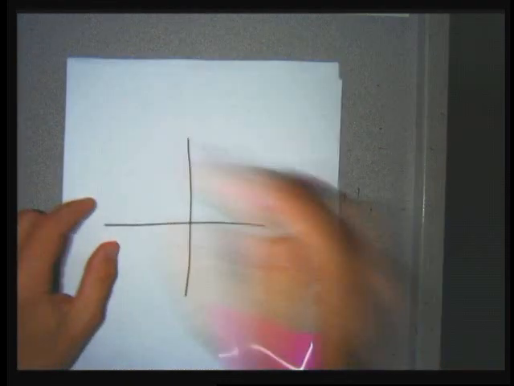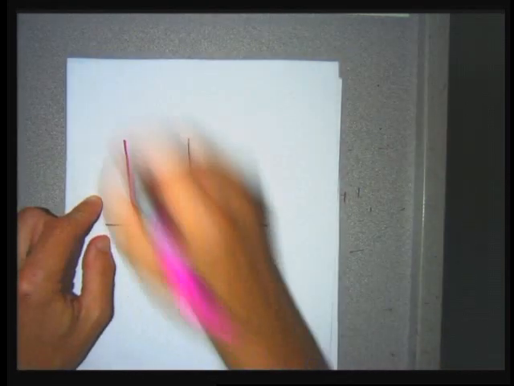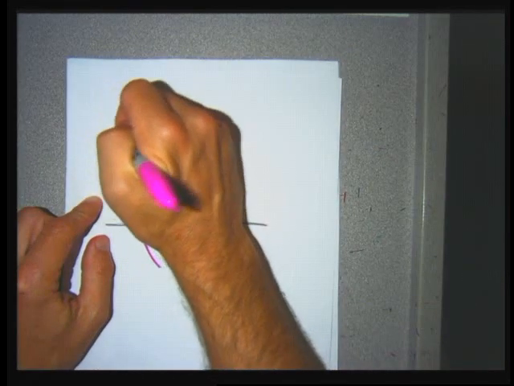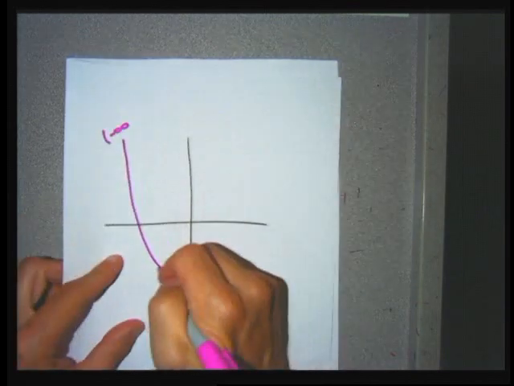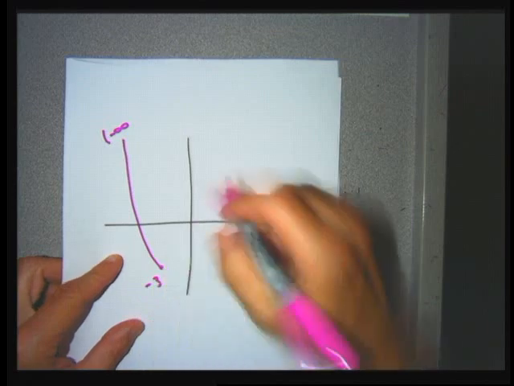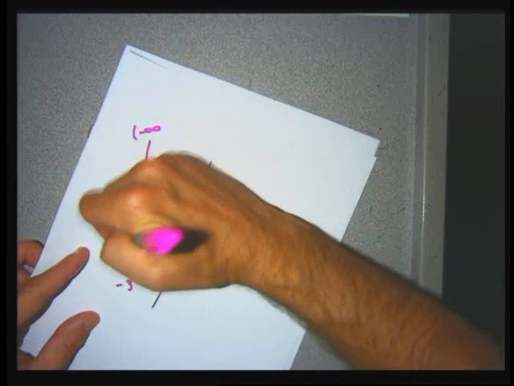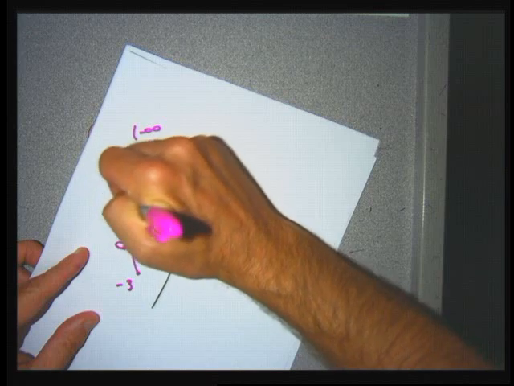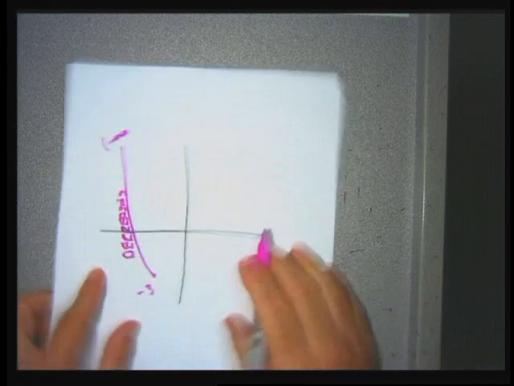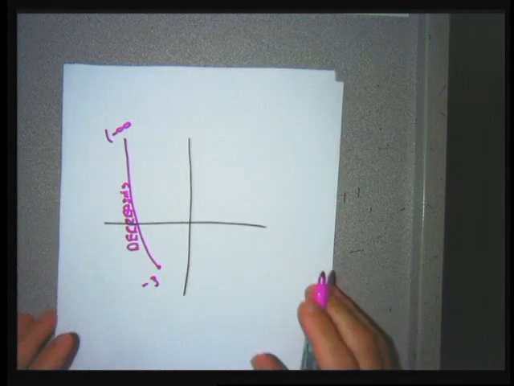And in this region of the graph, which is between this far x, which is negative infinity, and this x, which is negative 3, in this region, I say the graph is decreasing. So between the left edge of the graph and the local minimum at negative 3, as I move from left to right, the graph is decreasing.